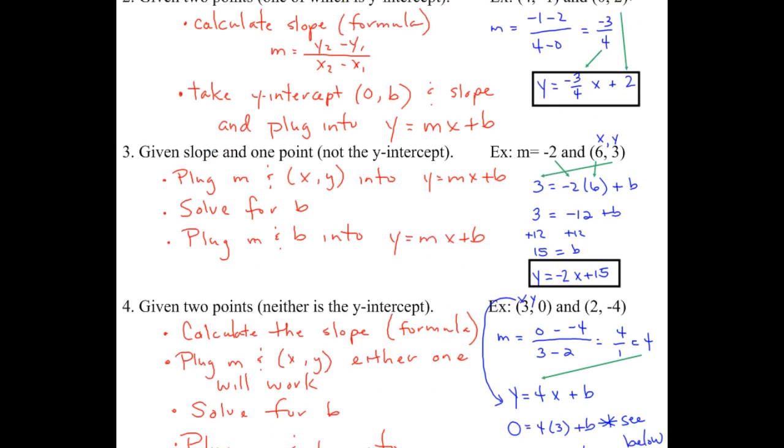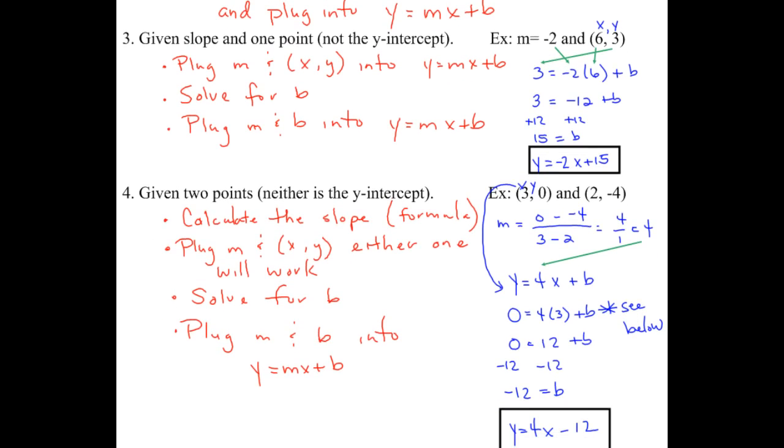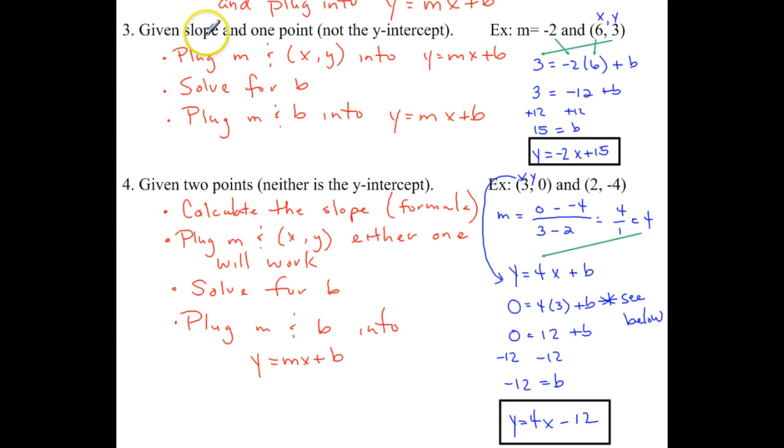The third type of problem is where I'm given 1 point and a slope. This is where I need to plug in for my slope and use my 1 point to find my y-intercept. Then plug those in to my final answer. Finally, the last type of problem is where I have 2 points and neither one is my y-intercept.